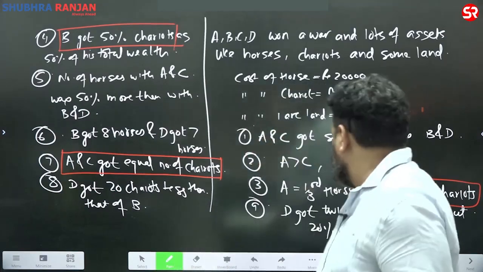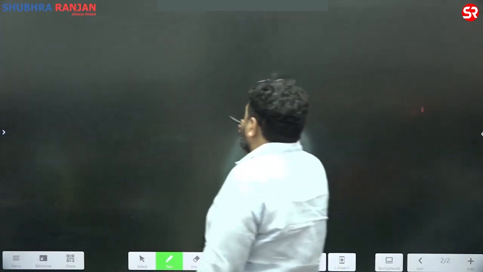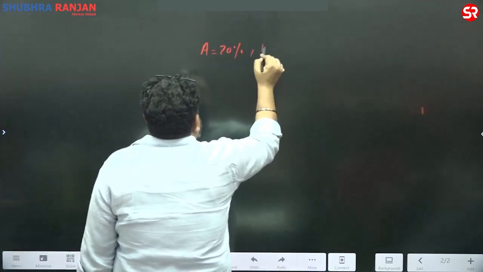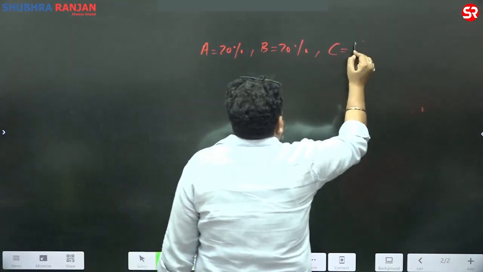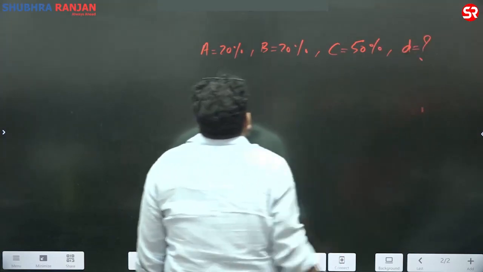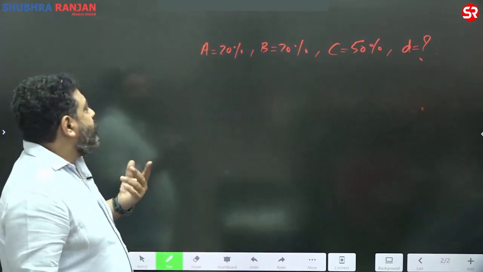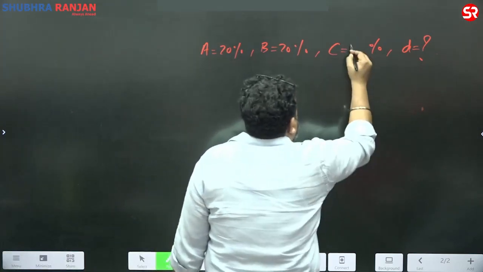Now let's see. A got 20% of the chariots, C got 20% as well, and B got 50%. So how much do B and D have?